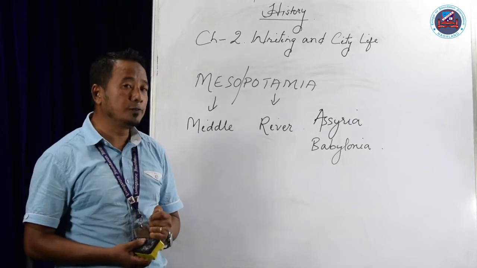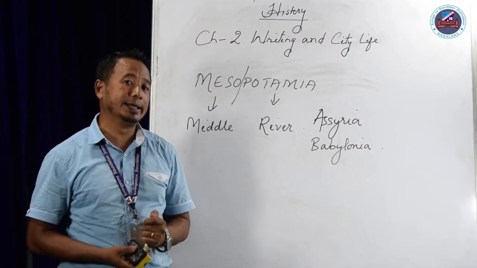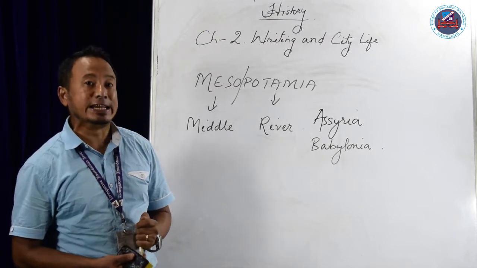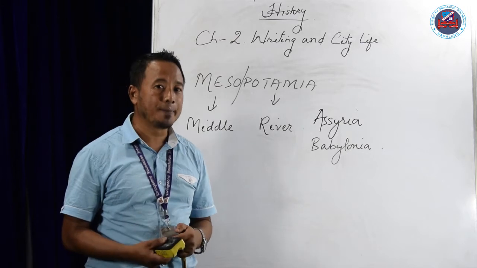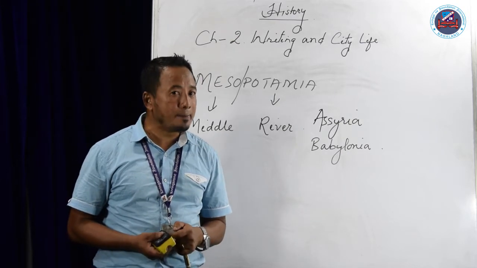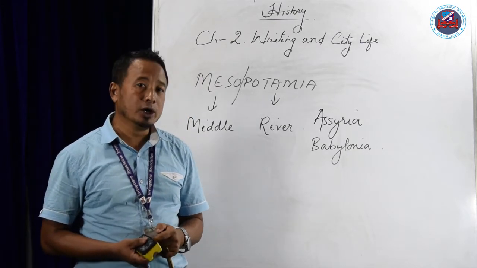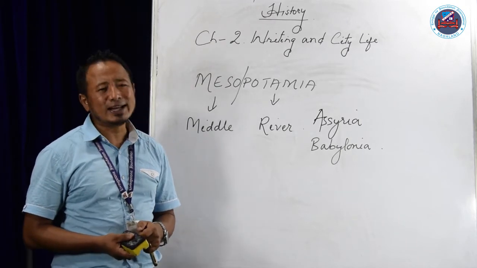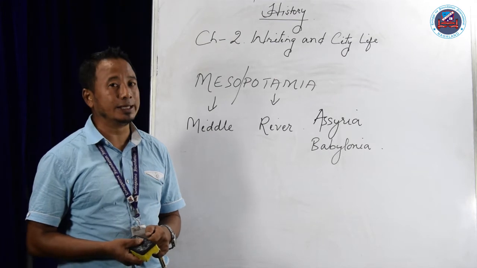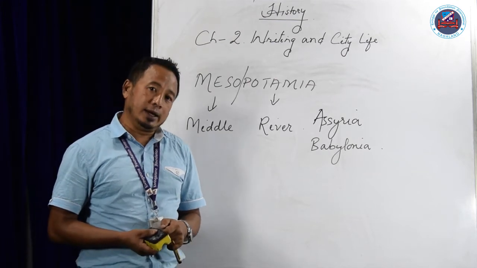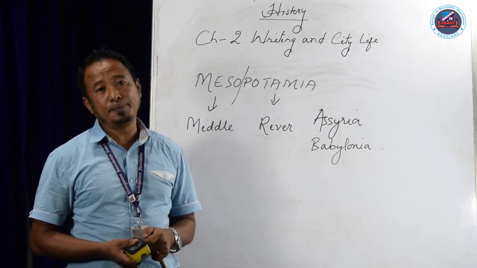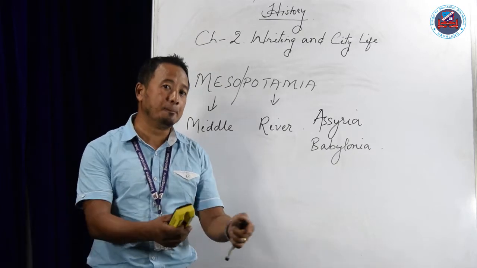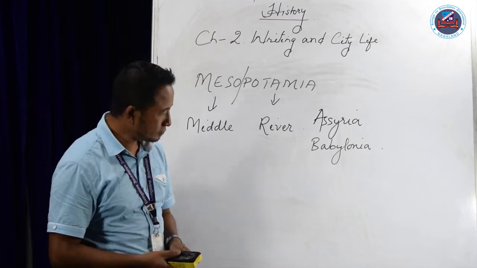Then by 1400 BCE, another language called Aramaic trickled into Mesopotamia. This Aramaic is quite similar to Hebrew, and it was spoken widely after 1000 BCE. And it is said that some people even now speak Aramaic in some parts of Iraq.